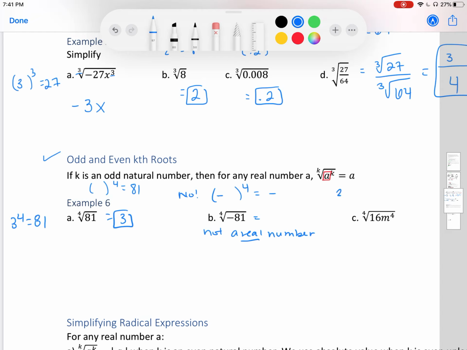To the fourth power. Therefore, we just get an m. But because, hey, what's negative? We can't have a negative as a radicand.